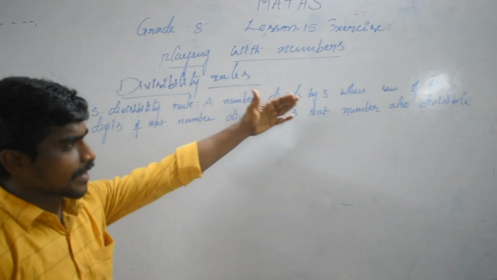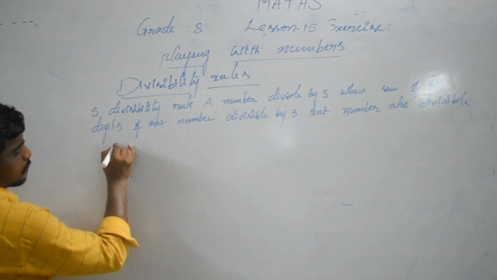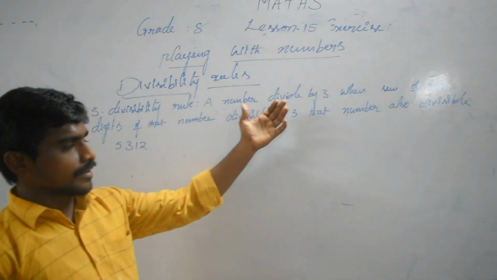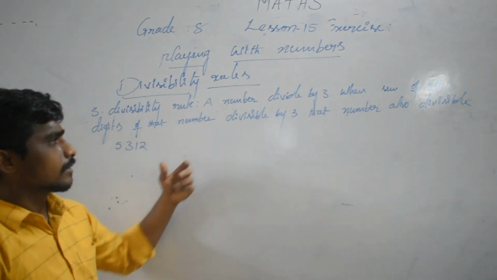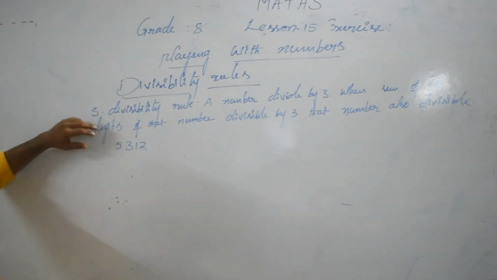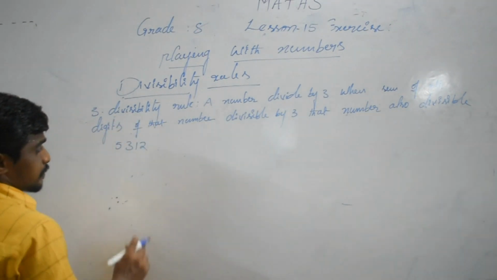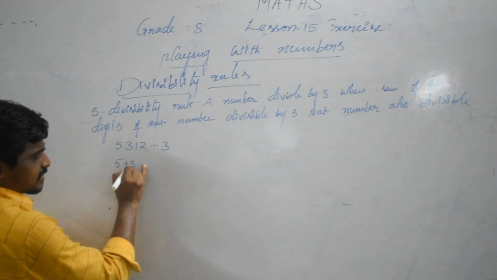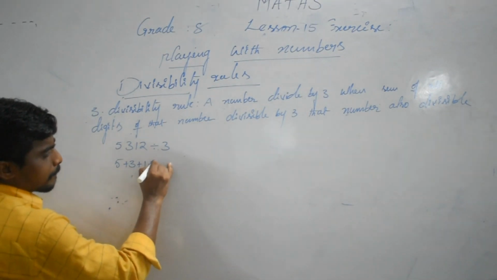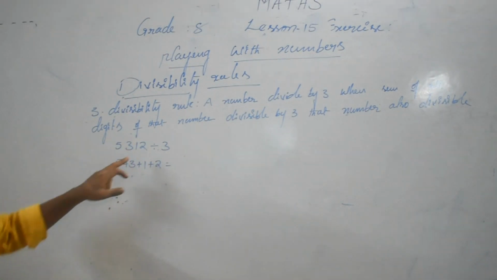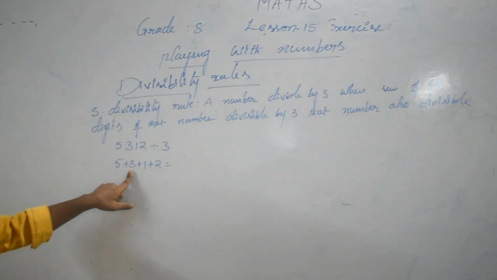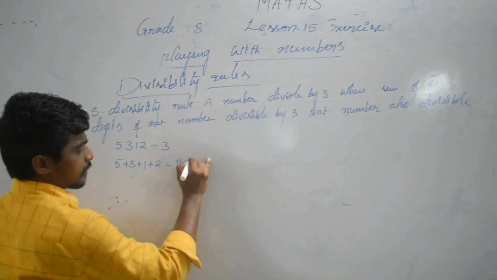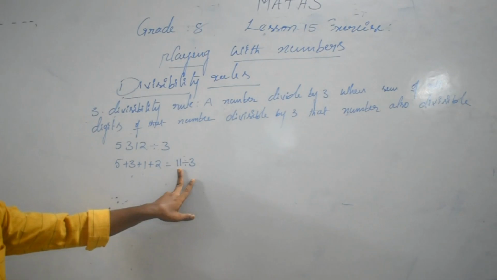Take a number, 5312. A number is divisible by 3 when the sum of all its digits is divisible by 3. 5 plus 3 is 8, plus 1 is 9, plus 2 is 11. Is 11 divisible by 3 or not?